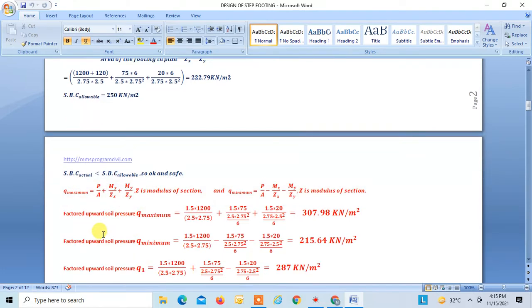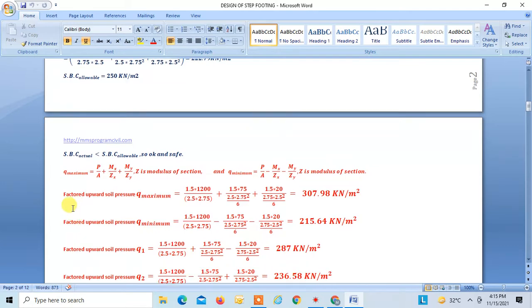Now the next step is we have to find the upward soil pressure at the four corners of the footing. So Q maximum is found by this formula, and Q minimum is found by this formula. So we are finding factored upward soil pressure, right? So in that case we have to take factored loads and factored moments, right?